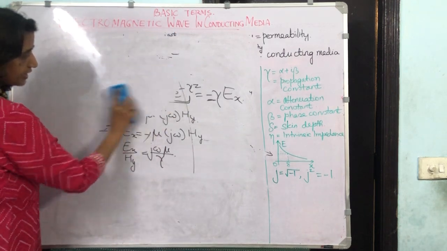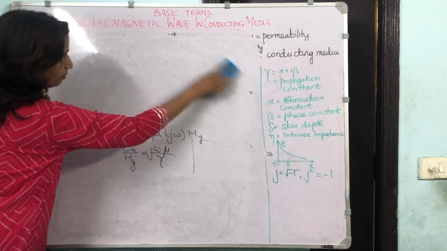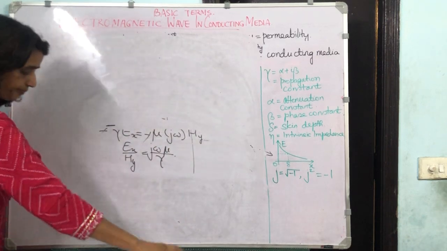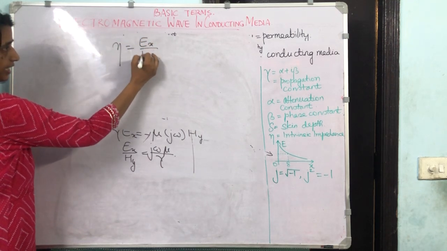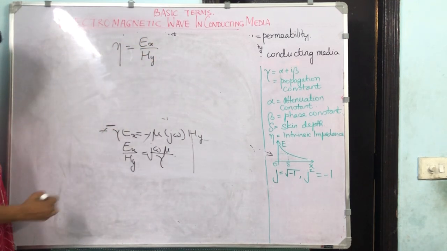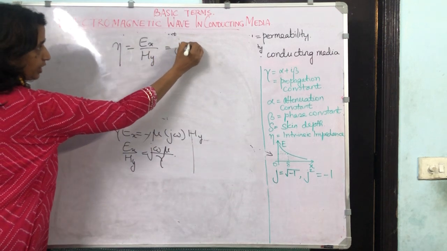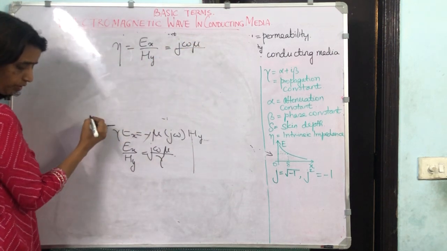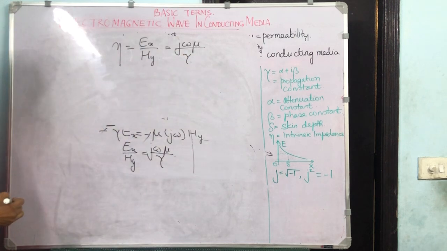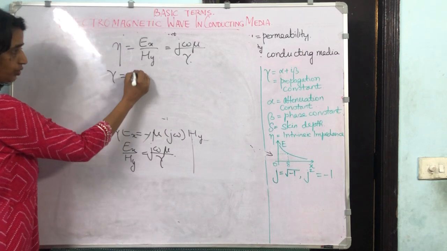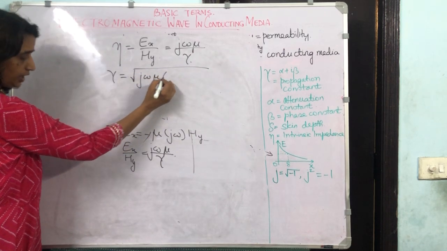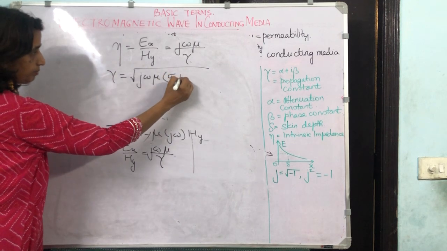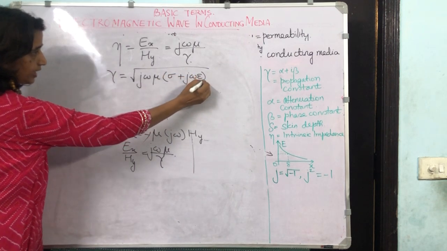Now, intrinsic impedance eta is EX upon HY, which is equal to j omega mu upon gamma, where gamma is the propagation constant, and gamma we know is under root j omega mu into sigma plus j omega epsilon.